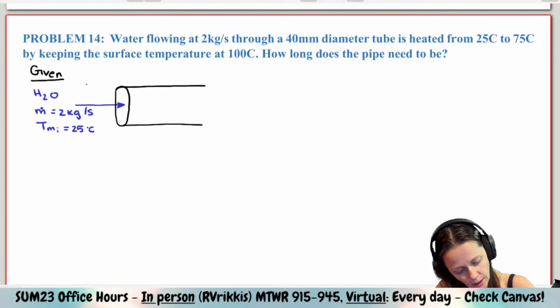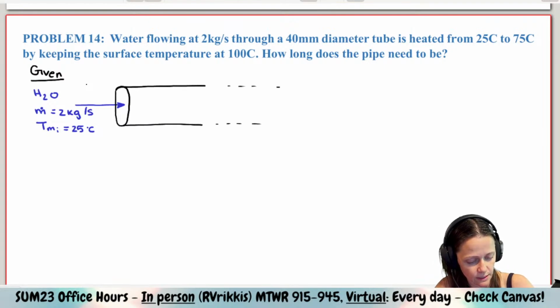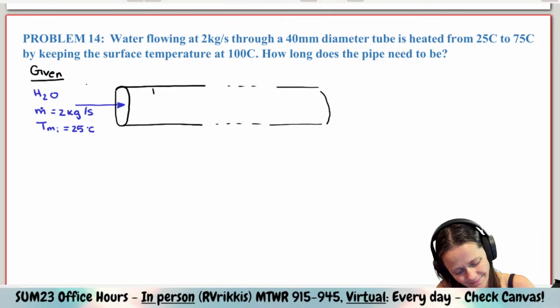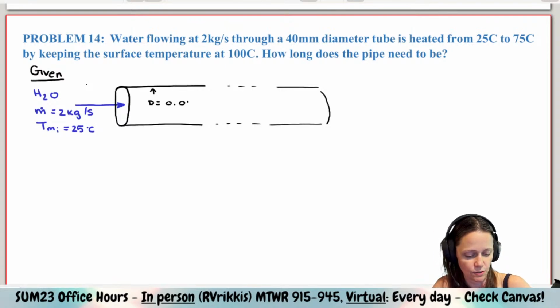I don't know how long it is, but we'll see. So some length. Our diameter is 40 millimeters, so 0.04 meters.